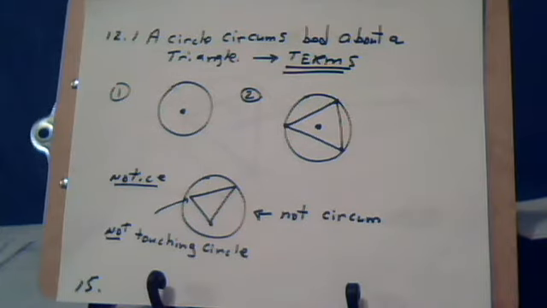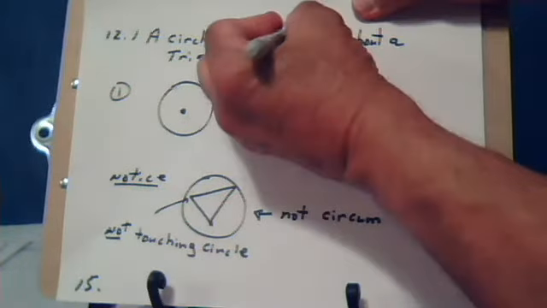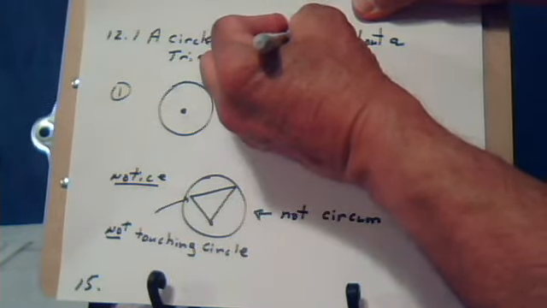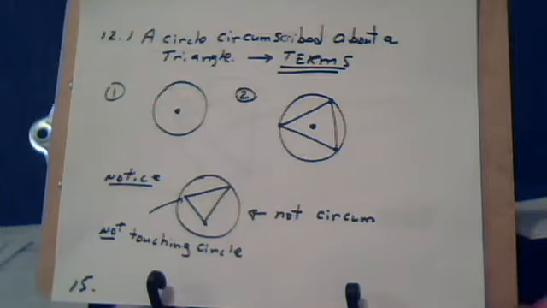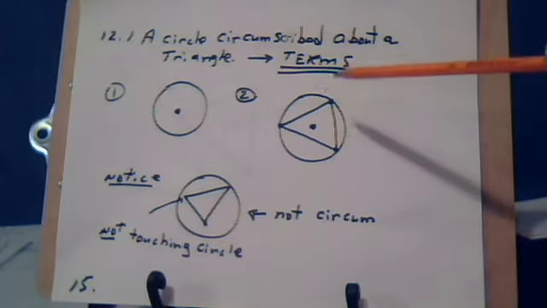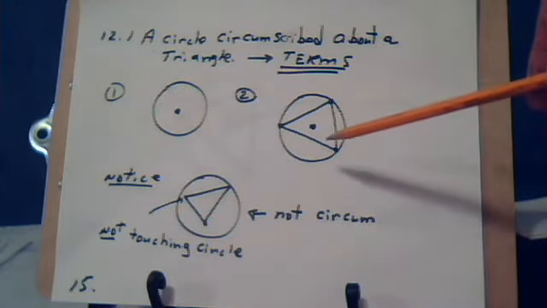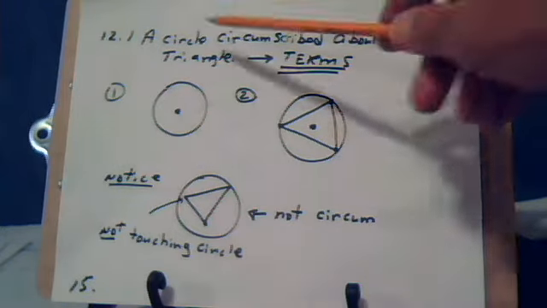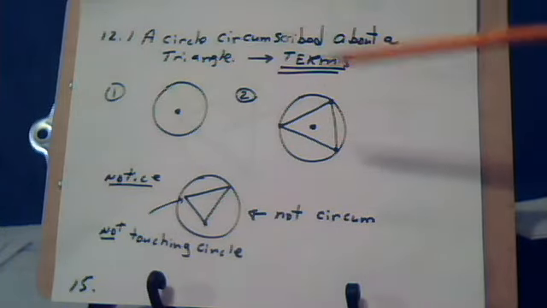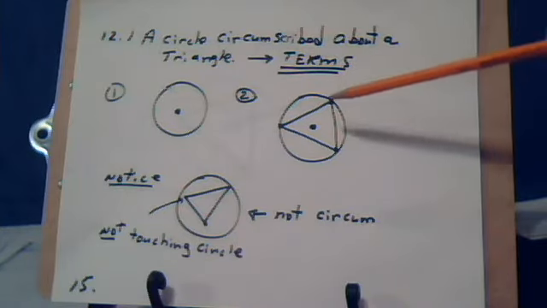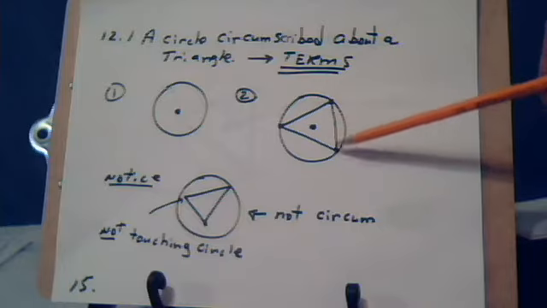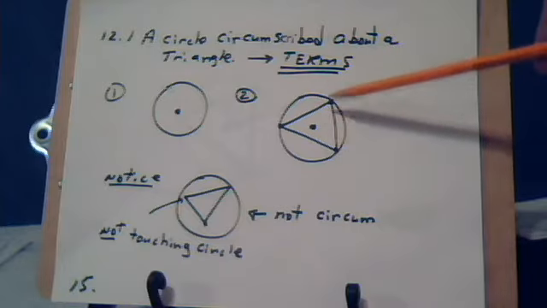A circle is circumscribed about a triangle. That's hard to pronounce. All it means is that the triangle's inside the circle and the circle's around it. The circle is around the triangle, but it's around it in a special way. If we're going to say it's circumscribed, then all the vertices of the triangle should be touching the circle.